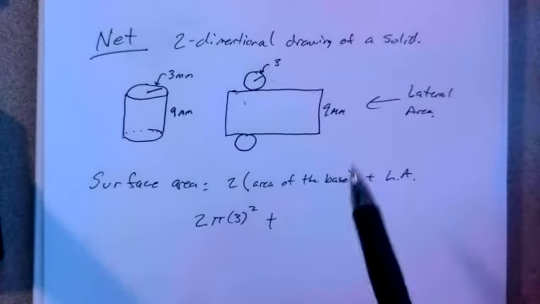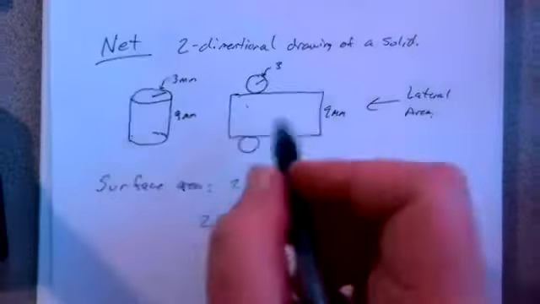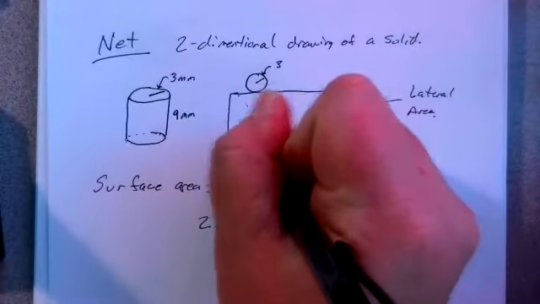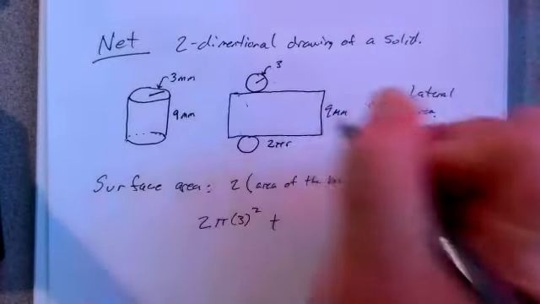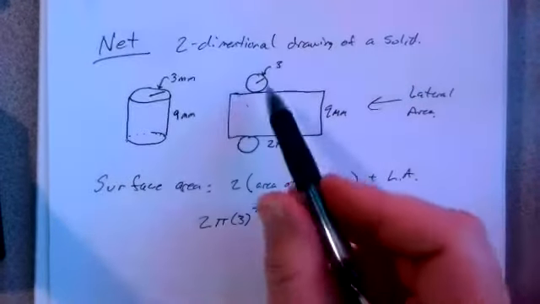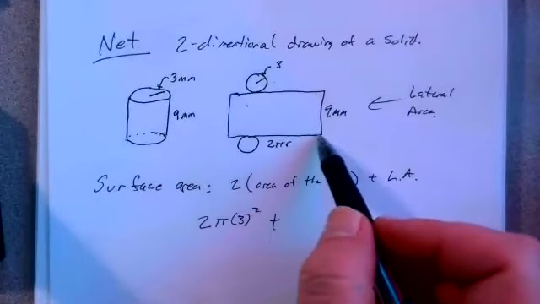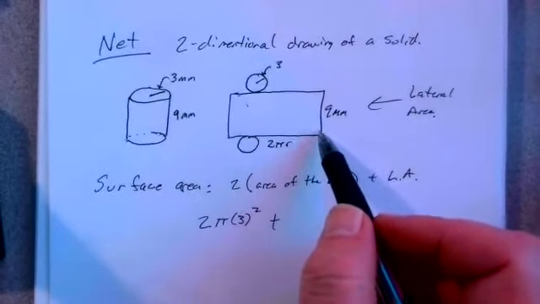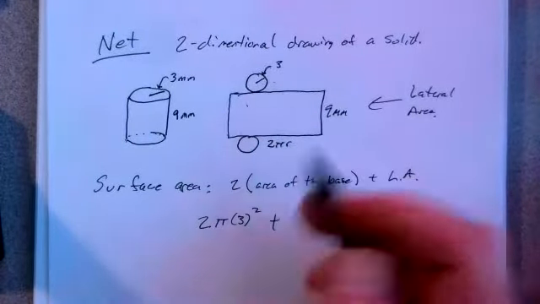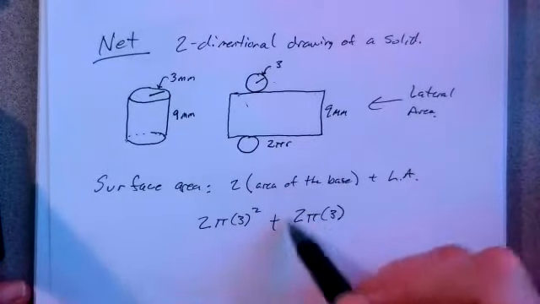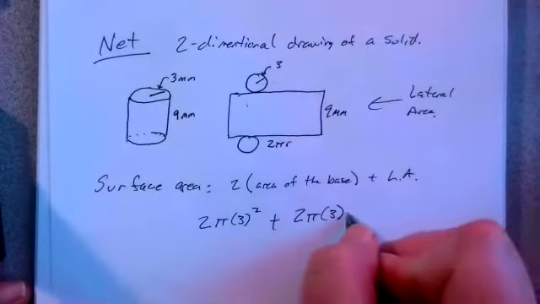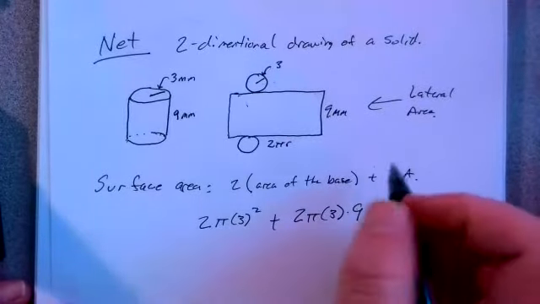So for a cylinder, for the lateral area, I need to know the circumference of the circle, which is 2 pi r. And our radius here is 3. So the length of this rectangle is 2 pi times 3, and the width is going to be 9.